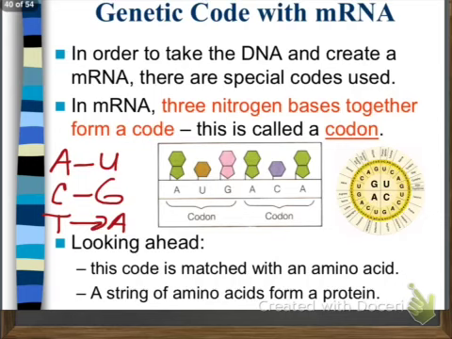And these sequences, where we break them up into triplets, we call codons. These codons are going to be used in another process called translation, which we'll talk about in a second, to eventually identify which amino acid that codon will be.